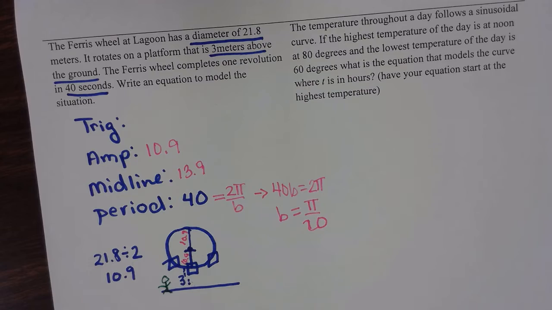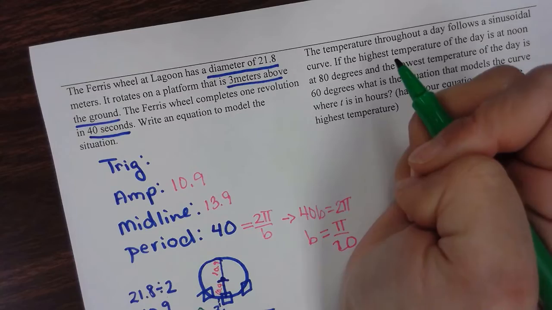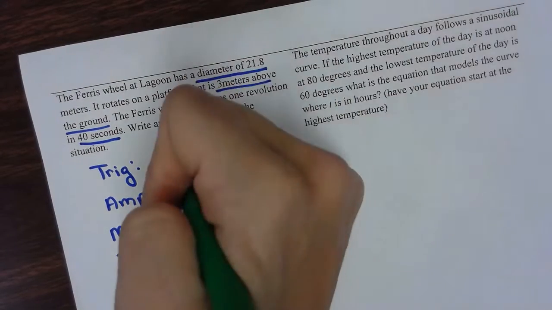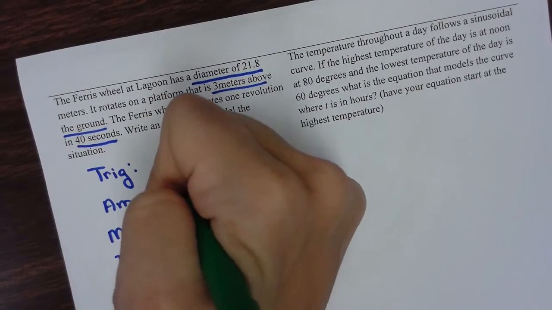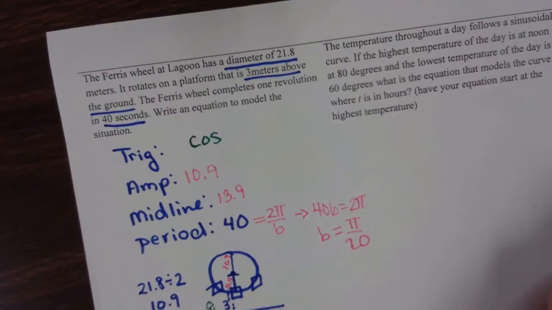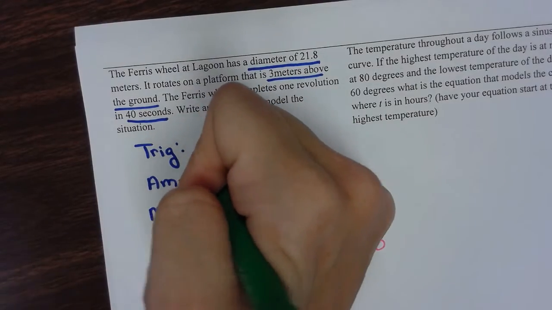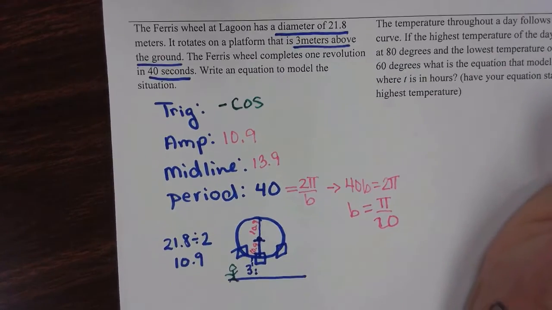So lower, well, midline is sine, so we're not starting at the midline, so it must be cosine. But then if we're starting lower, what does that mean? Hopefully you said that that means negative.